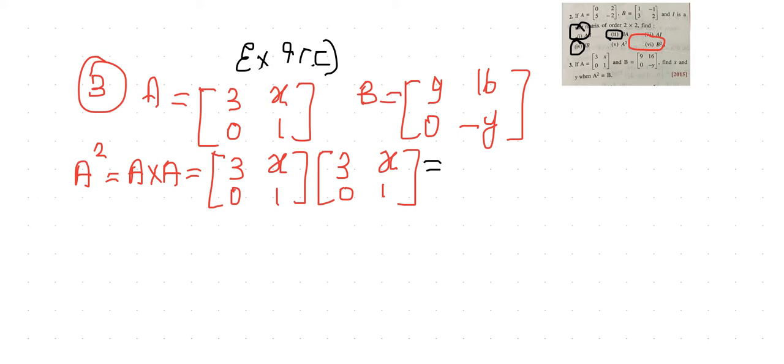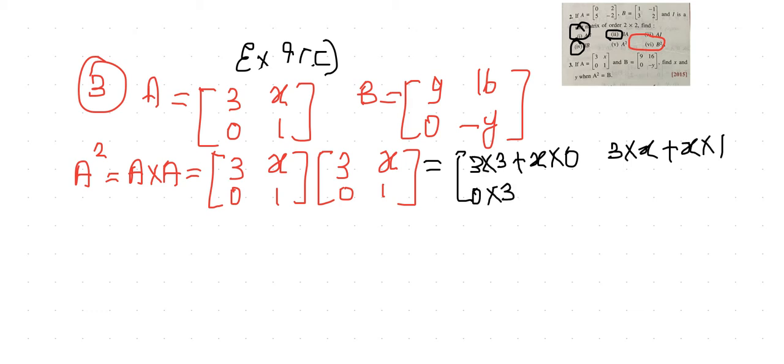Upon multiplication, this is going to be 3 into 3 plus x into 0, then 3 into x plus x into 1, then 0 into 3 plus 1 into 0, and then 0 into x plus 1 into 1. So this is your a square.